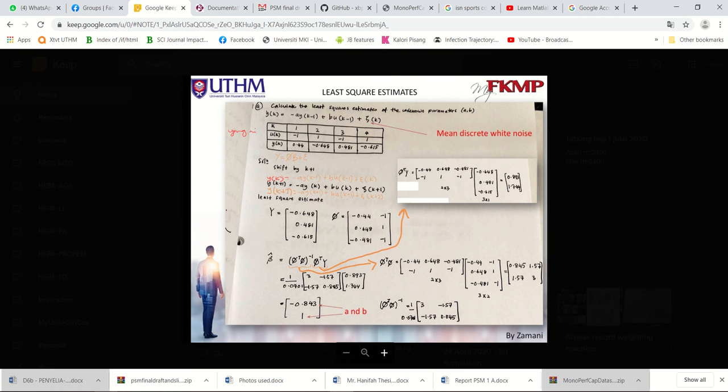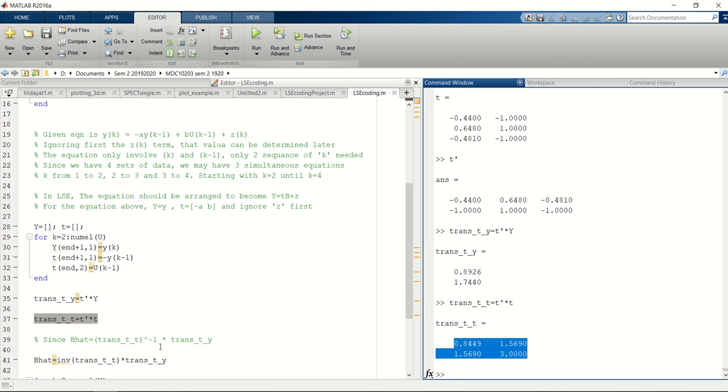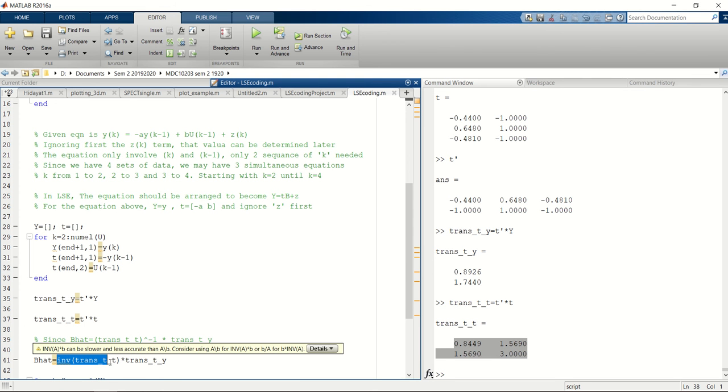So we go back to Matlab. This one is the inverse of transpose t times t, but this time I multiply it together with the first trans t y just now, and all of this will give you the beta hat just now, so I use b hat for beta hat.